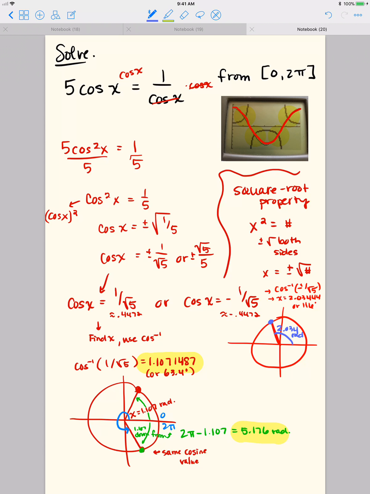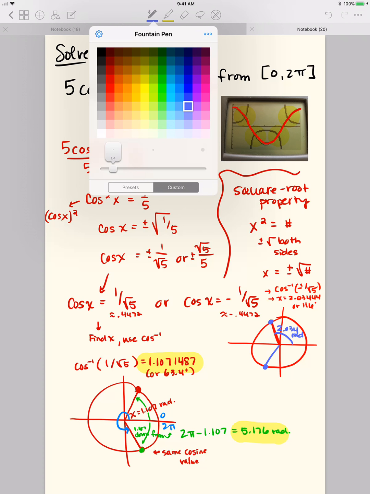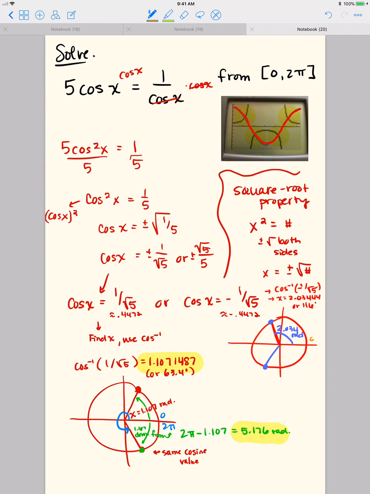But it will also have a match with the same negative cosine value that lives down here in quadrant 3. But the angle that we need an answer for is the larger, again, from 0 to 2 pi, we start at 0 and we wrap around over 2 quadrants, and that's the radian answer that I need. And so to get that, it's the mirror image of the one up top.